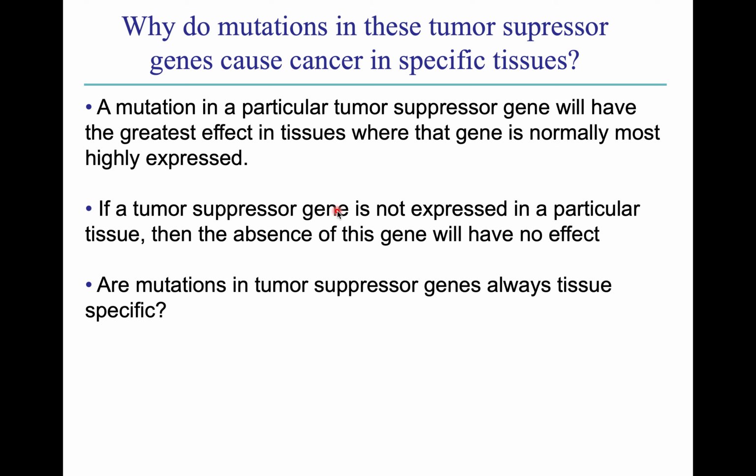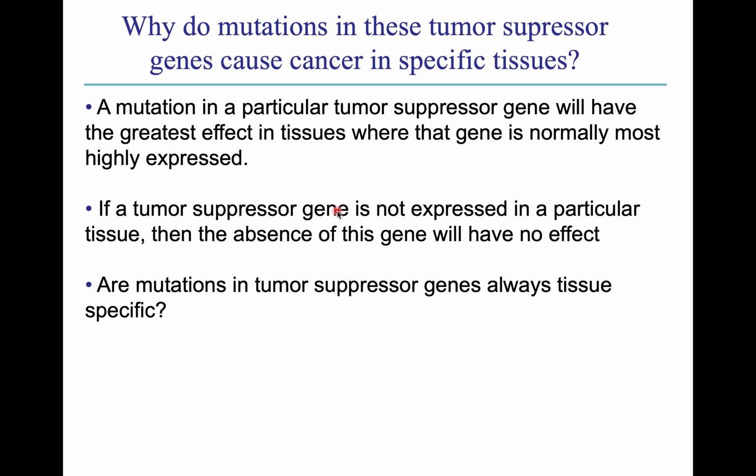So come back to this idea. In the case of retinoblastoma mutations, primarily it's linked to retinal cancer. In the case of these APC mutations, primarily it's linked to colon cancer, but again, not exclusively. We do see increased risk of other cancers in those with APC mutations as well. So why is it that these tumor suppressor genes are primarily causing cancers in specific tissues?